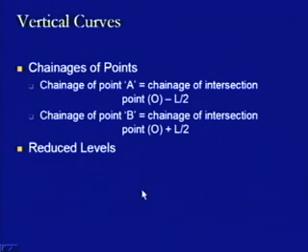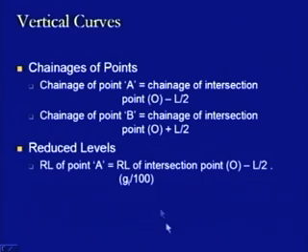Then the other thing which is to be done is to find out the reduced levels or the elevations of different points along this curve. In this case, the RL of point A is RL of intersection point O minus the distance multiplied by the grade, that is L by 2 multiplied with G1 divided by 100.